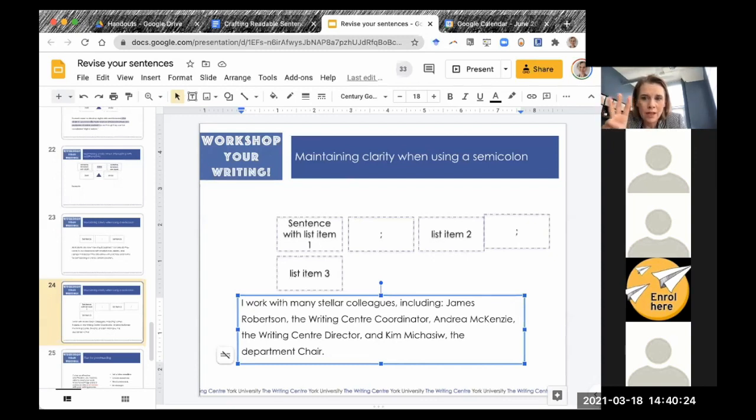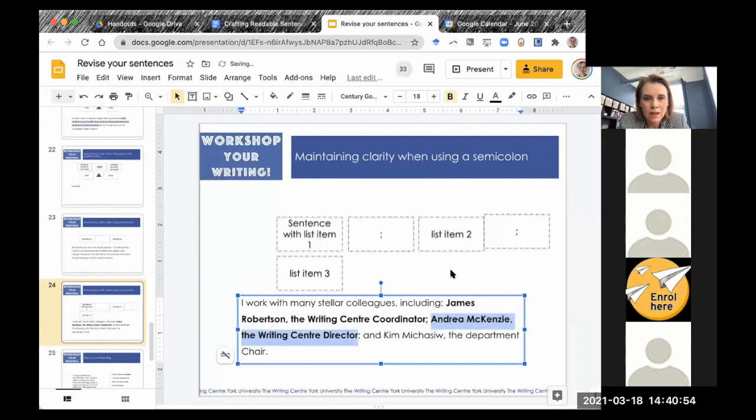The problem here is that it's very difficult to see that these are my actual list items because it looks like I also have additional list items, including the Writing Center coordinator, the Writing Center director, and the department chair. And so introducing semicolons, see, I'm going to change this comma to a semicolon and this comma to a semicolon, will show that this actually is one unit, right? That's list item number 1.